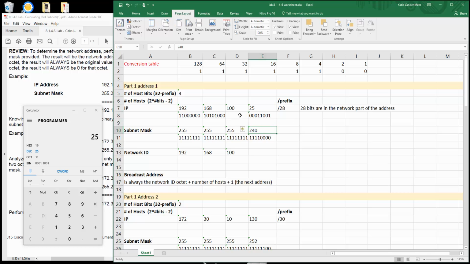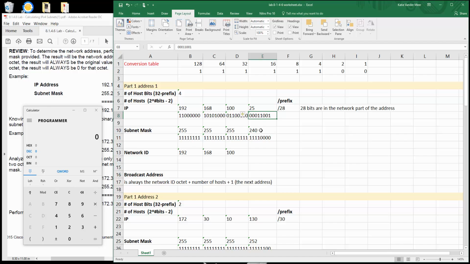Okay, and let's do 100 just so we have our tables completed. The binary equivalent of 100, that's a decimal number, is 01100100.